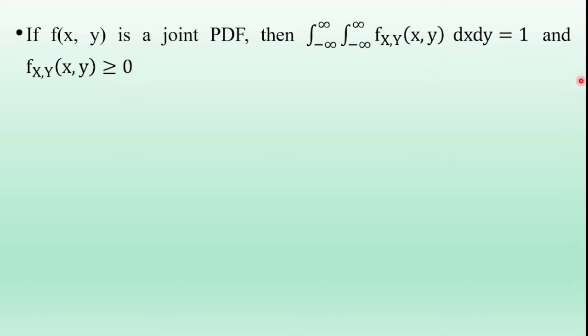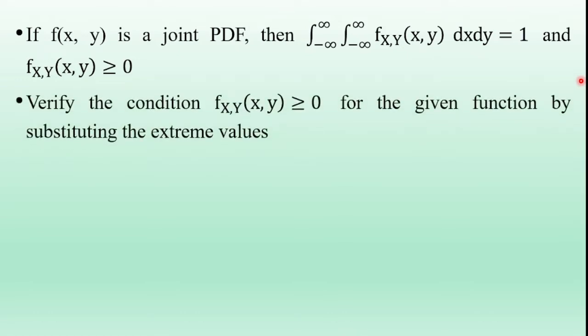And the joint density function is always non-negative, that is fxy of x comma y is greater than or equal to 0. If this condition is satisfied, hence the given joint density function is a valid joint density function. And after that, using this expression, calculate the b value. So first check whether fxy of x comma y is greater than or equal to 0 or not.